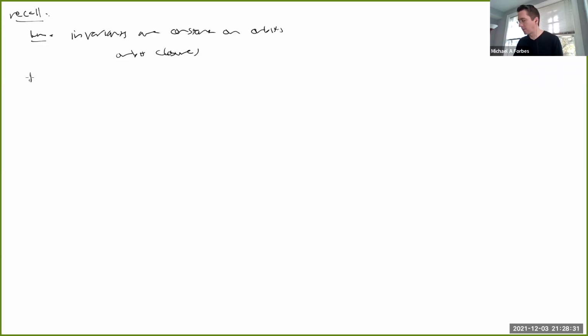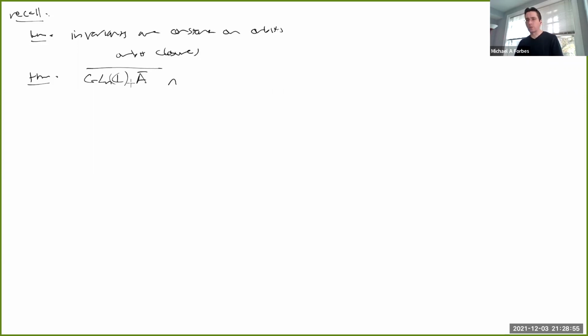And more generally, we had the theorem that if we look at the GL_N orbit of a tuple A of matrices, and we take the closure, and I apologize for this notation. So this bar means that this is a tuple of matrices, and then this bar means we're taking the orbit closure. So it's two different bars.